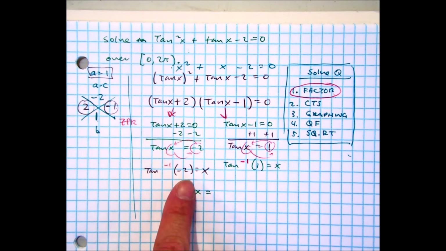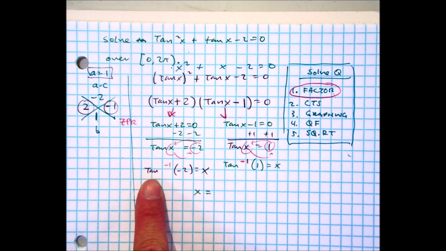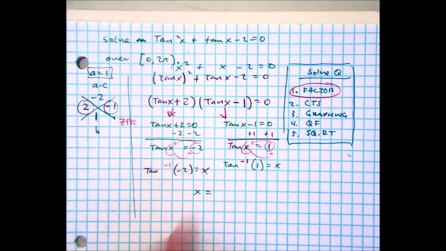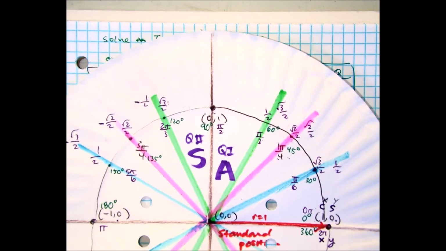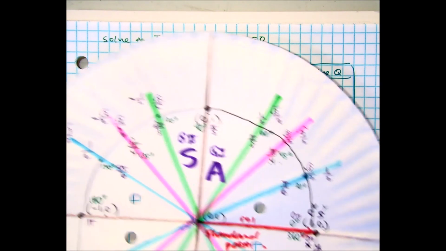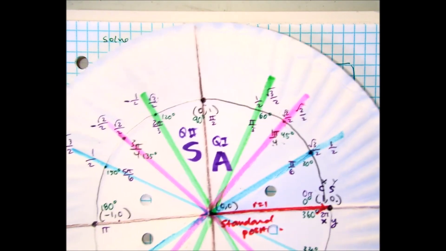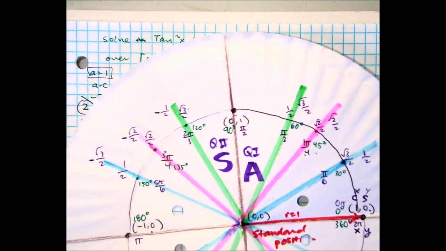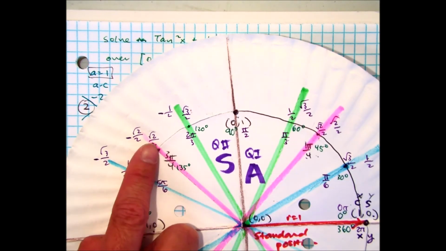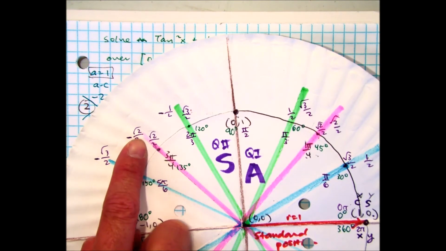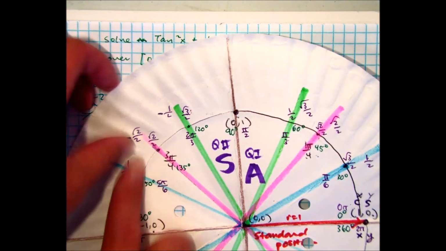Let's locate on our unit circle where tangent is negative 2. That's also y over x. You guys see any locations there? Someone said 3 pi over 4. Okay, this would give us radical 2 over negative radical 2, which would give us negative 1.